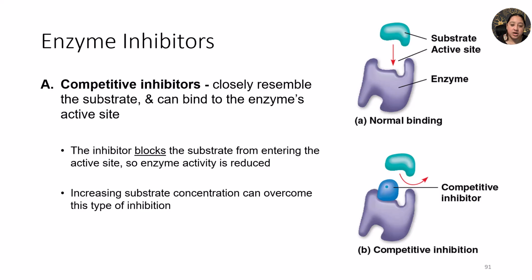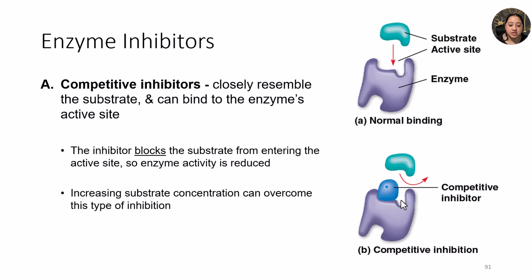Competitive inhibitors closely resemble the substrate, and so they can bind to the active site. It kind of tricks its way in a little bit. And then that inhibitor blocks the substrate from entering into the active site. So now it's like competing, and it's out-competing the normal substrate. The inhibitor blocks the substrate from entering the active site, and the enzyme activity is reduced.